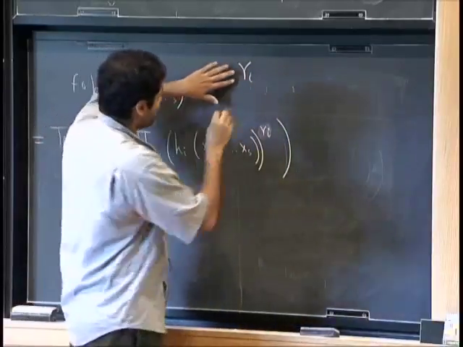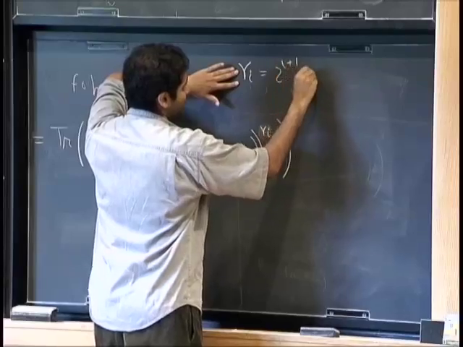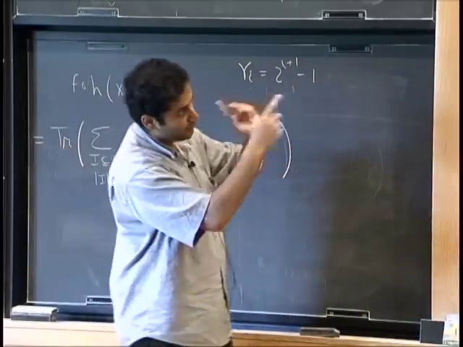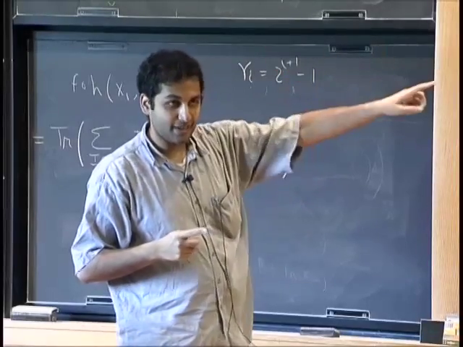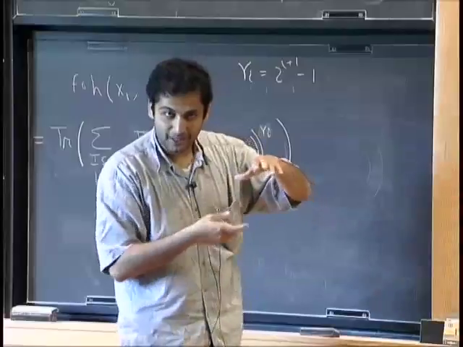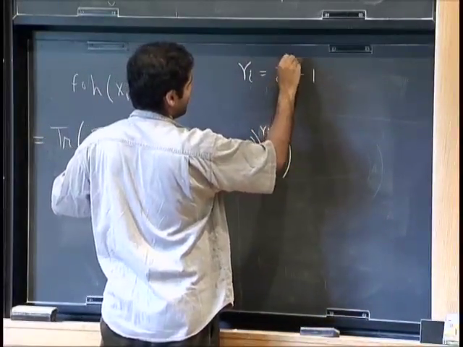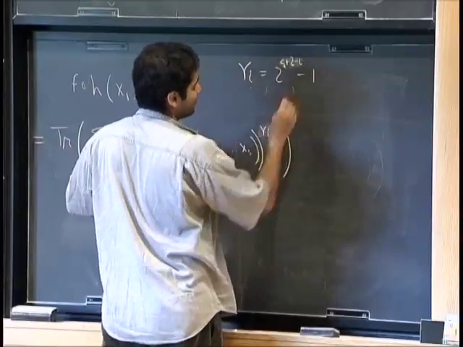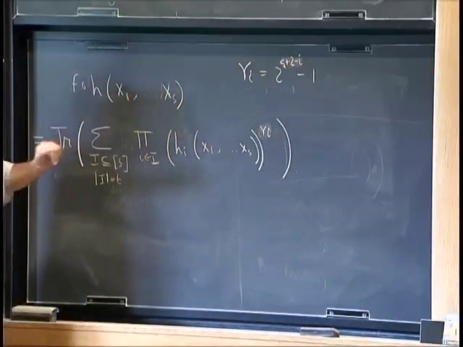I originally said that gamma i is going to be 2 to the i plus 1 minus 1, but actually I will flip the order of the exponent. I will start with the highest degree thing first and the lowest degree thing last. This does not change the polynomial, it is just renaming the variables, but so to be s plus 2 minus i minus 1. So this is just for technical reasons.